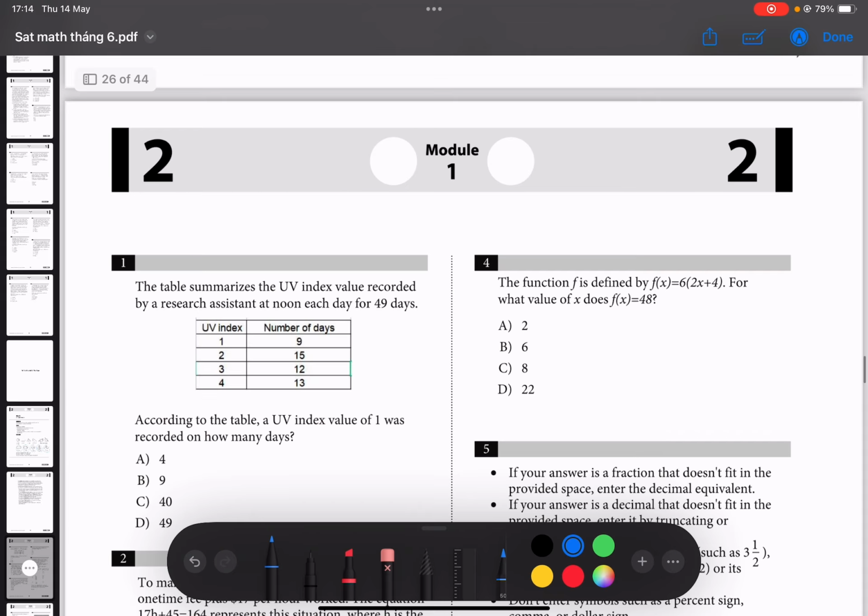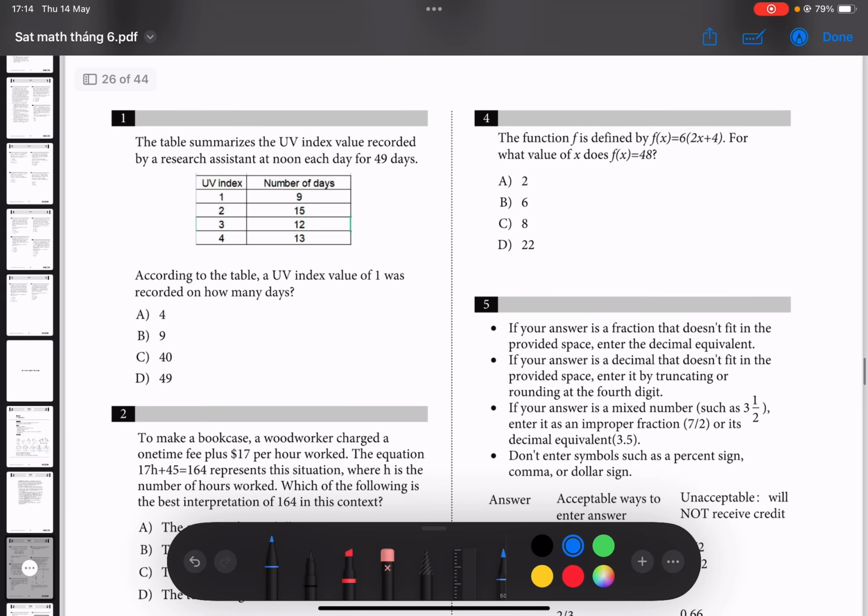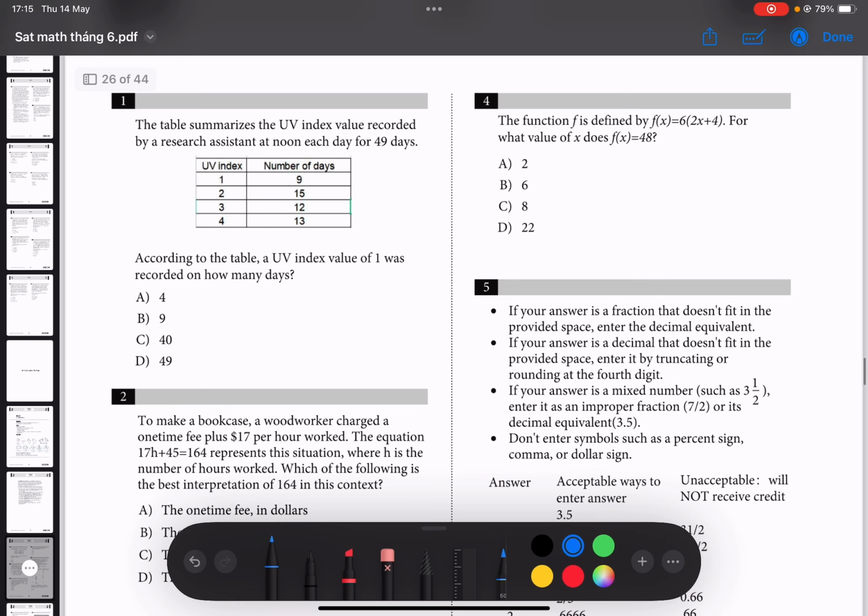So let's go to the first 5 questions of this module 1. Let's start with number 1. The table summarizes the UV index value recorded by a research assistant at noon each day for 49 days.